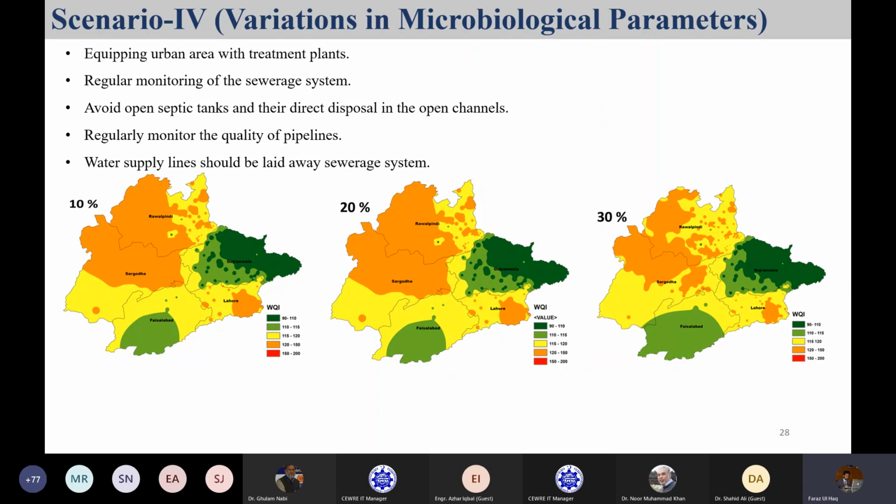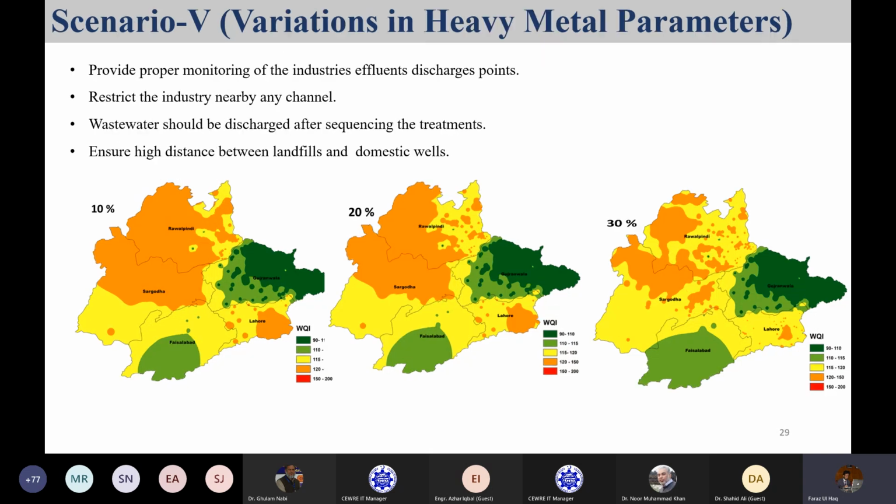First of all, we are discussing this scenario with the microbiological parameters. By adopting these strategies, we can reduce the microbes at source, or we can mitigate the groundwater. Here, the first scenario is with 10% microbiological contaminant reduction, followed by 20% and then 30%. Same is for the variations in the heavy metal, as the heavy metal is the main emerging issue all over the province.